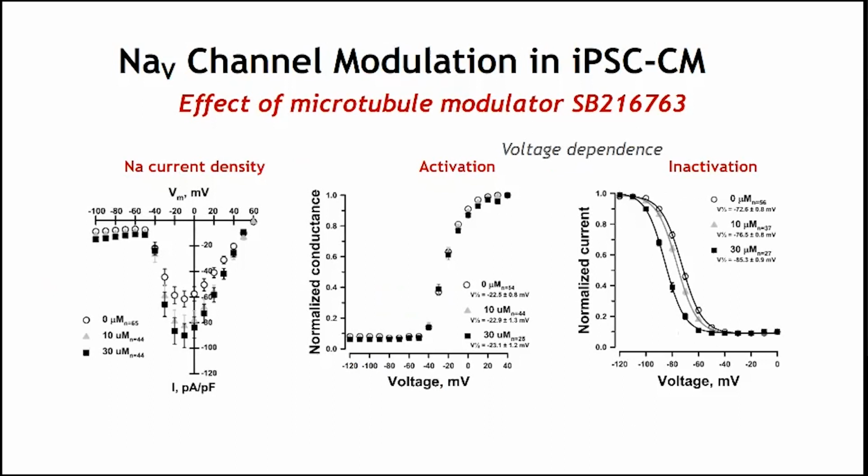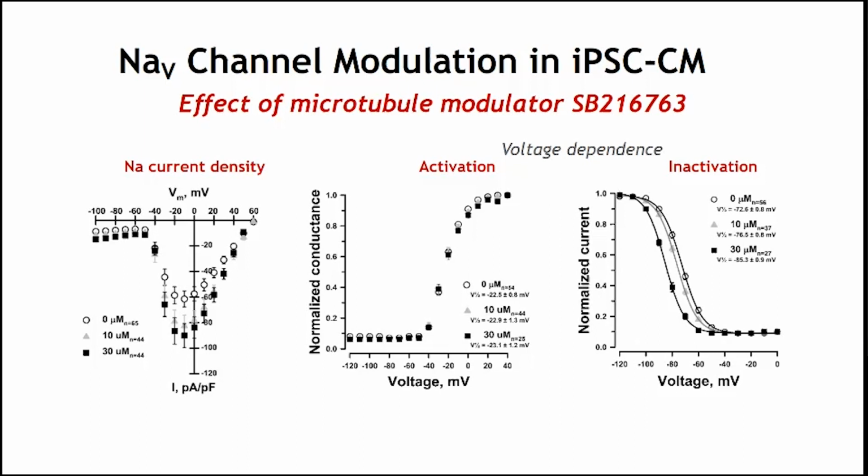to look at the role of microtubules in trafficking the sodium channel to the plasma membrane. Here we actually used a probe compound that is a dirty drug. I'm not going to make excuses for it, but one of the things it does do is modulate microtubule function in a specific way.